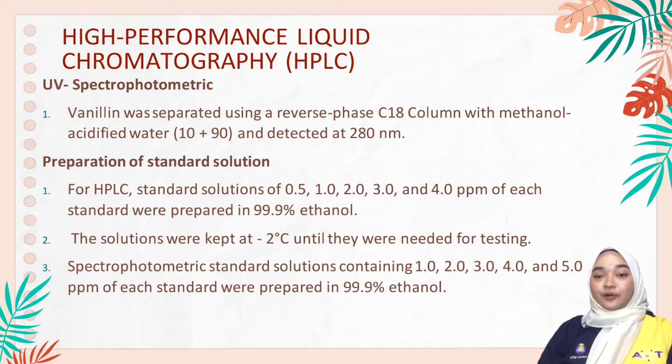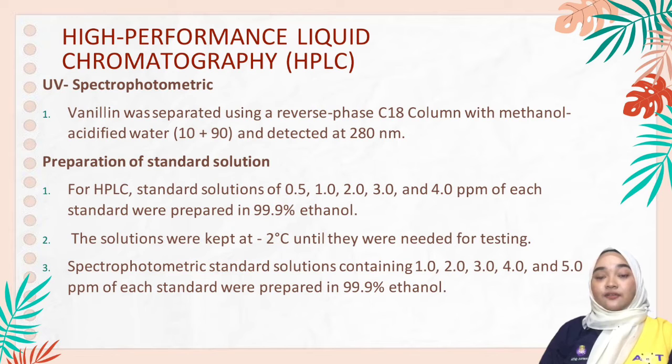Next is High-Performance Liquid Chromatography, HPLC, for UV spectrophotometry. Vanillin was separated on a reverse phase C18 column with methanol and acidified water and detected at 280 nanometers, with an HPLC flow rate of about 4 ml per minute.